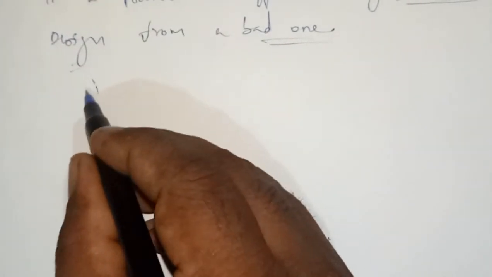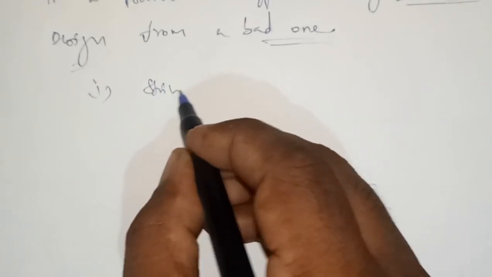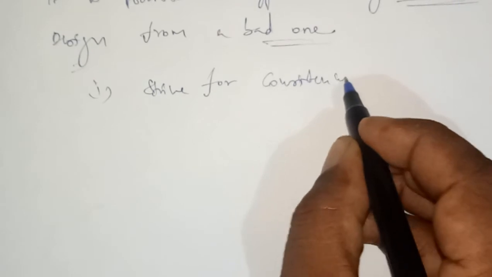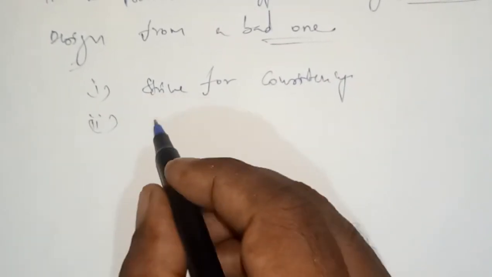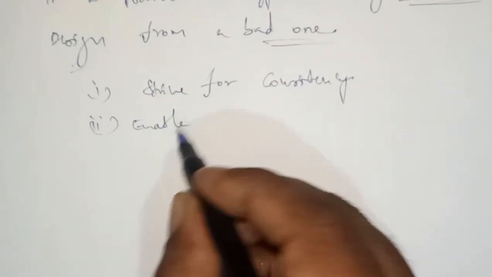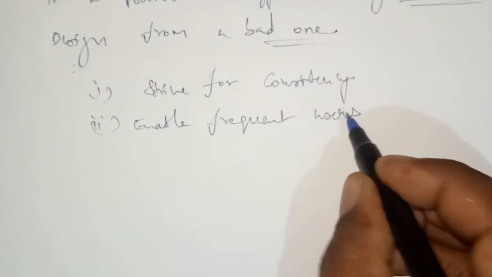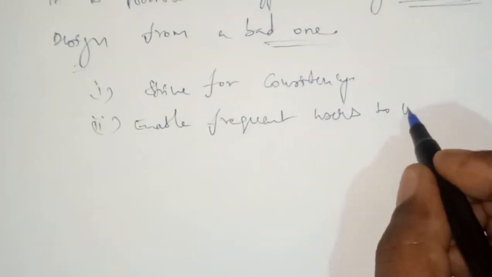So what are those 8 rules? The first one is strive for consistency. Second one is enable frequent users to use shortcuts.